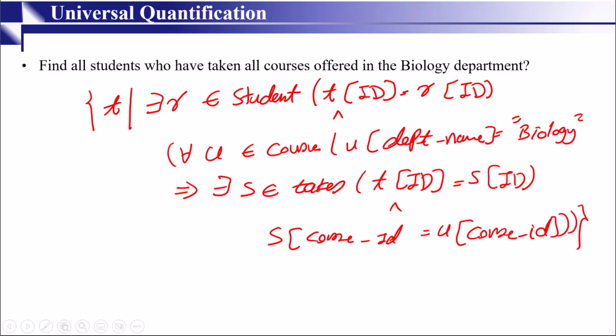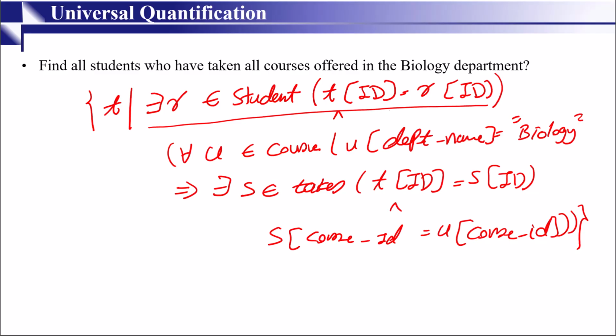I'll explain what happens here. First, this has three parts: student identification, universal quantification, and enrollment verification. Here we say there exists R in student where T.ID is equal to R.ID. This ensures the output ID corresponds to a valid student ID in the student table.